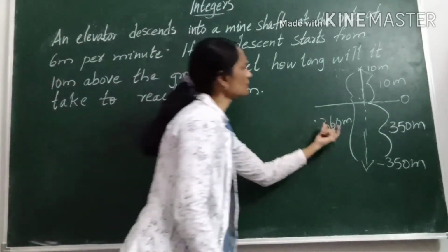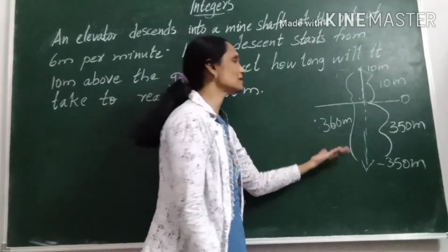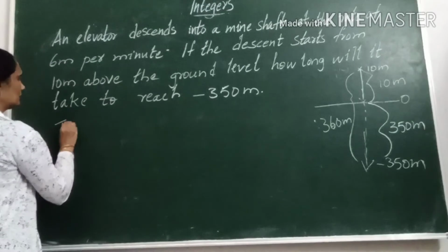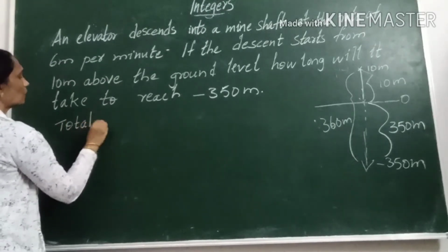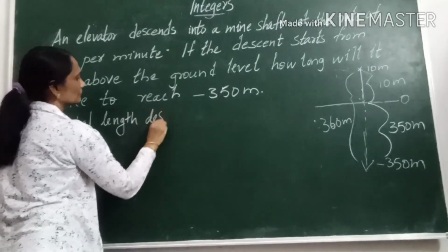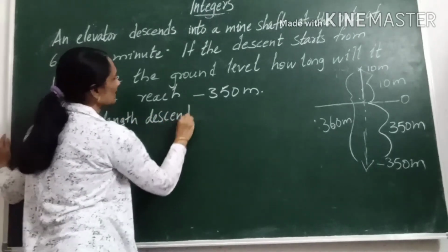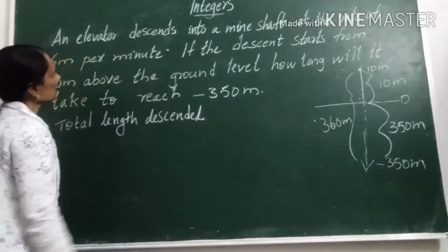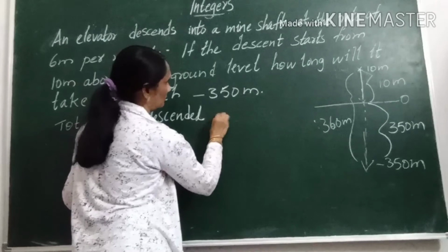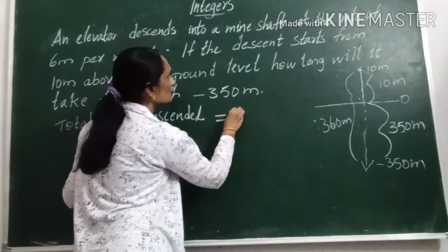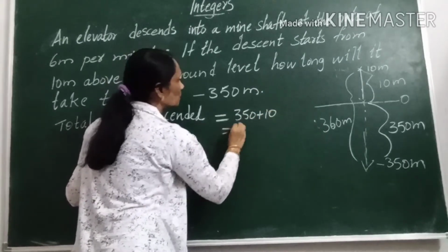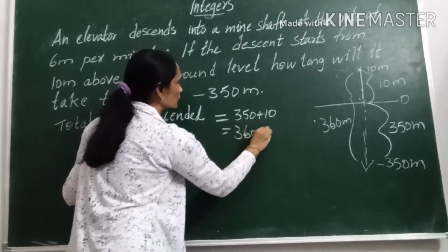So 360 meters, 360 by 6. Total length descended into the mine: 350 plus 10 equal to 360 meter.